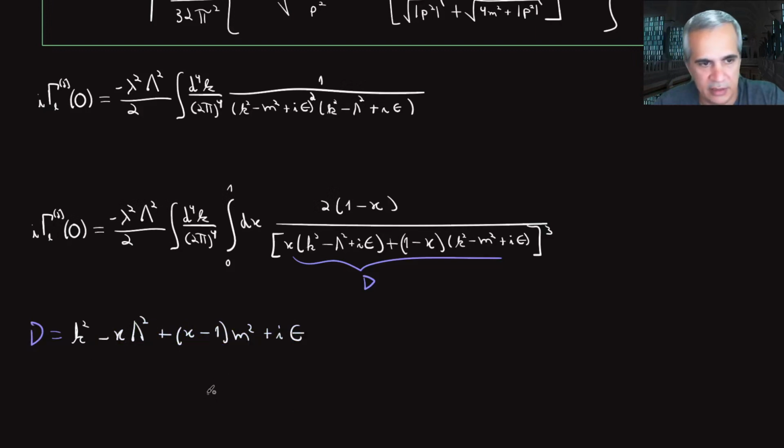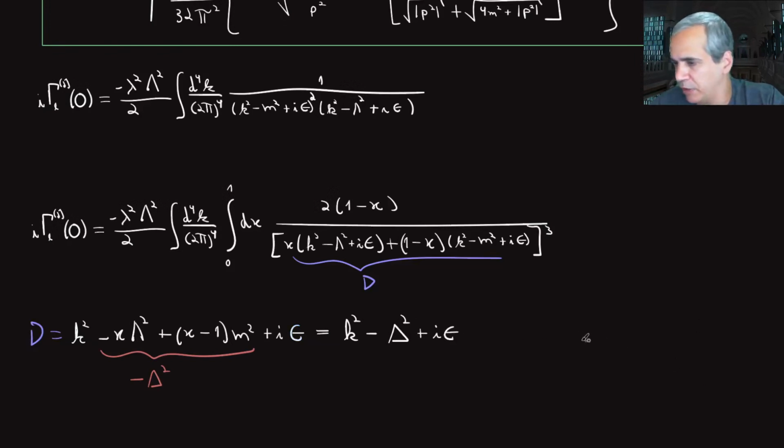And this is now this expression. And this guy right here, all this part I call minus delta square, effectively writing k square minus delta square plus i epsilon. And let me save the definition of delta square for later.